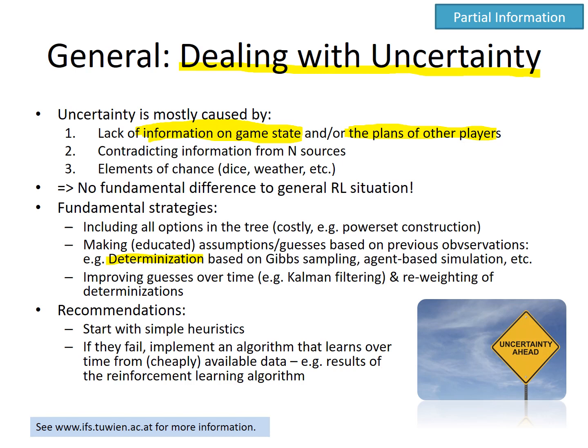Sometimes you might even have contradicting information, such as if you play the game of Diplomacy, both as a board game or as a digital game, or as an online game, of course. And in many games, and this is probably the most relevant category of uncertainty, there are simply elements of chance.